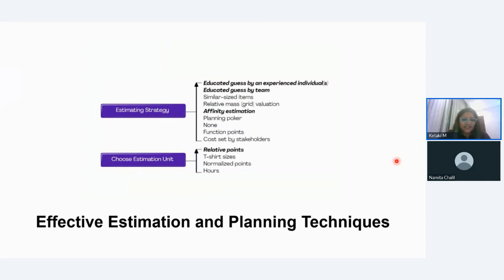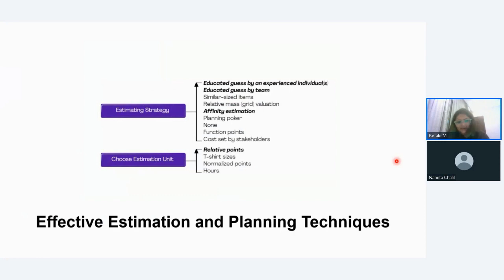Educated guess by team, educated guess by experienced individuals, is highly preferred, because this will make us go in the direction of very close estimations in terms of cost, budgets, and schedule. So from down to up, the more up the strategy is, the more favorable it is.